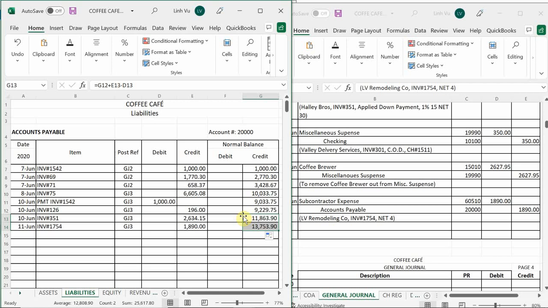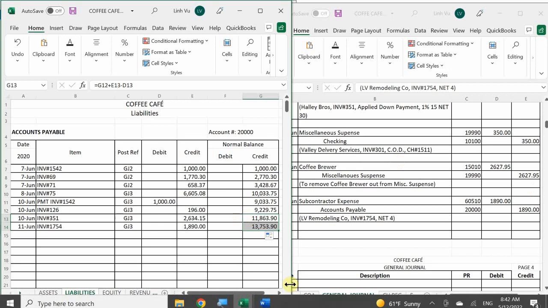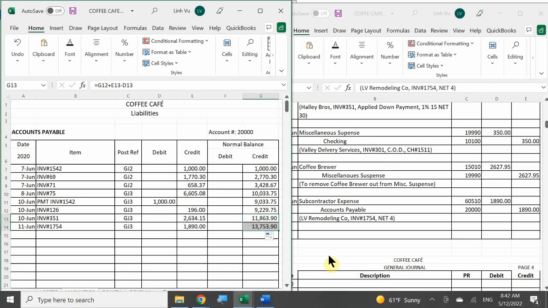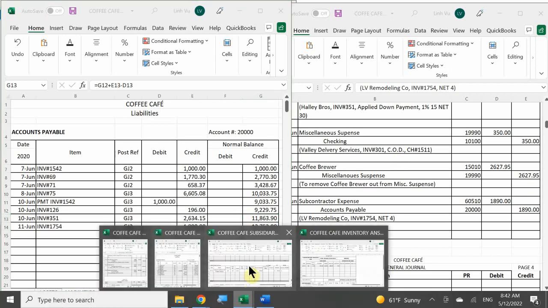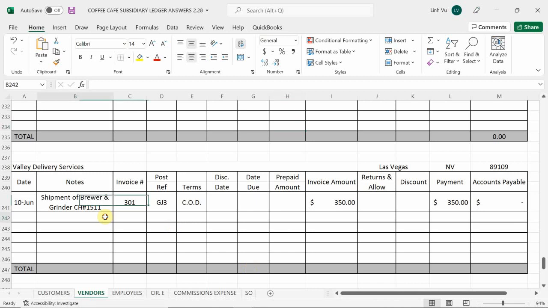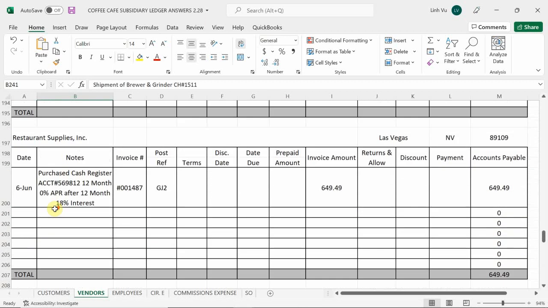Now that I got my journal, I plug it into my ledger. So because I dealt with somebody and I owe them money, I need to also put this in my subsidiary ledger. Okay, so this is LV Remodeling.